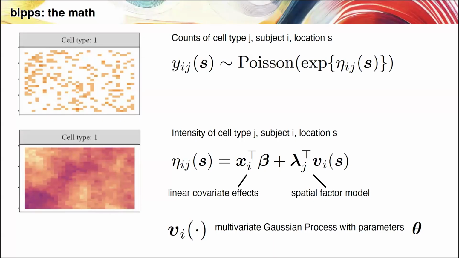So to answer the question, the data that we've used was proteomics data, right? We have proteins, and then you phenotype into cell types, and then you count where cells are. This specific package will work with count data.